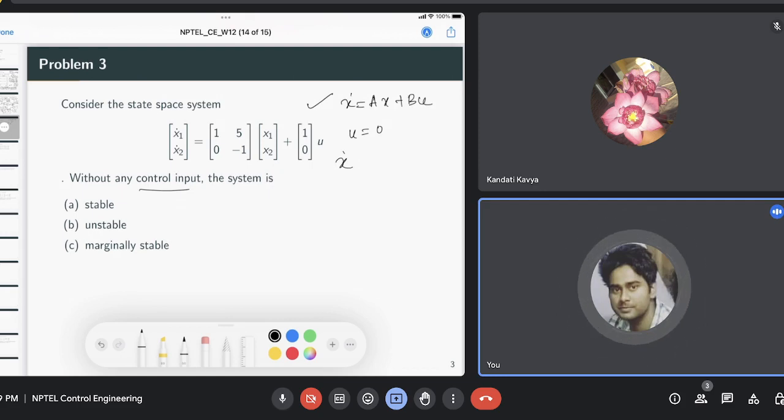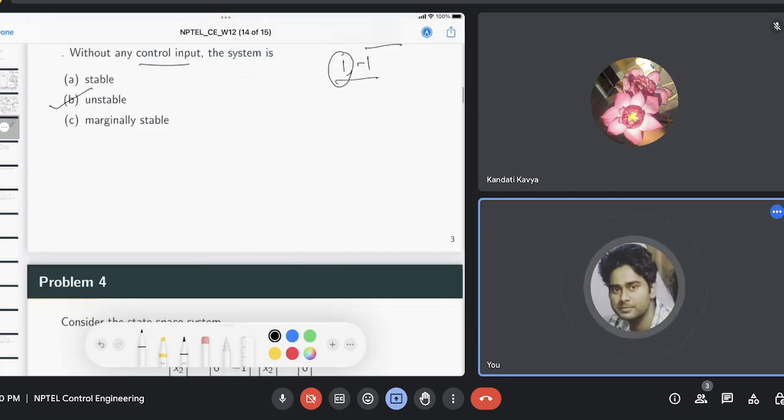When u is 0, it is just this autonomous system, and whether it is stable or unstable depends on the eigenvalues of A. We already computed these eigenvalues: 1 and minus 1. These eigenvalues are also the closed loop poles for this system. One eigenvalue is positive and one is negative. For this positive value, the system will be unstable, because it is present in the right half plane. So this system is actually unstable.